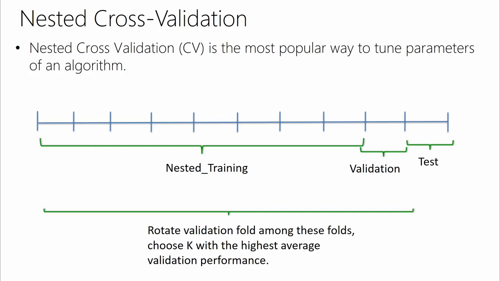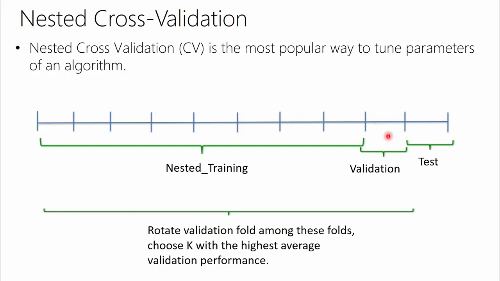OK, so the way that nested cross-validation works is that you're going to save one fold as the test fold, and then within the training set, you're going to divide the training set into 2 parts, sort of a nested training set and a validation set.